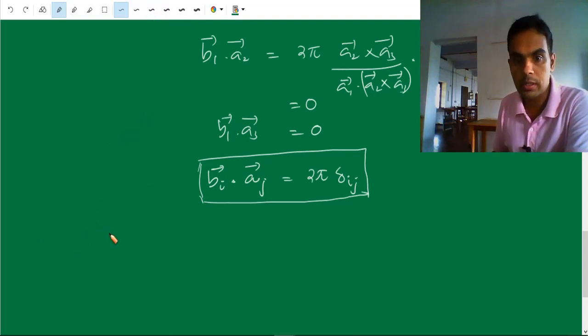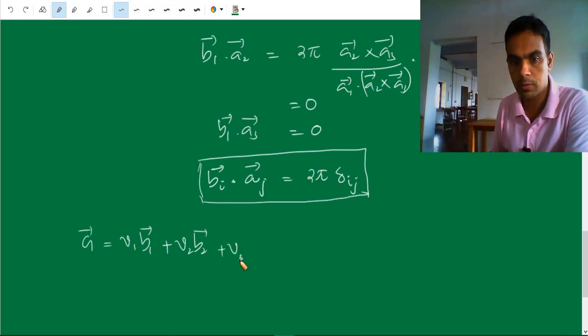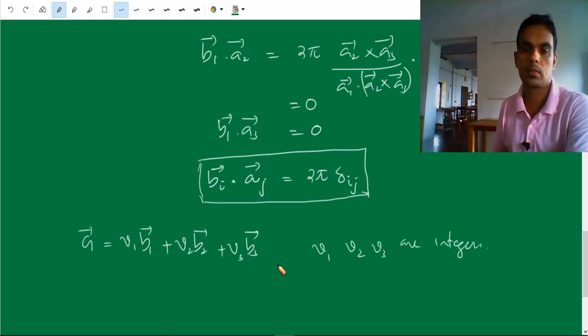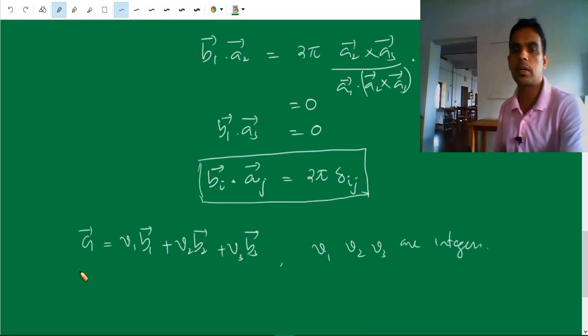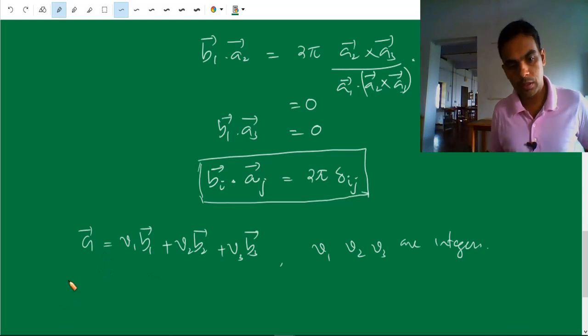Therefore, the points in the reciprocal lattice are mapped by a set of vectors G equal to v1 b1 plus v2 b2 plus v3 b3, where v1, v2, v3 are integers. These vectors are called reciprocal lattice vectors.